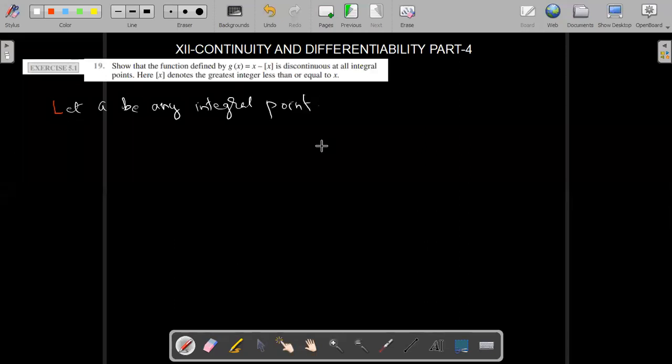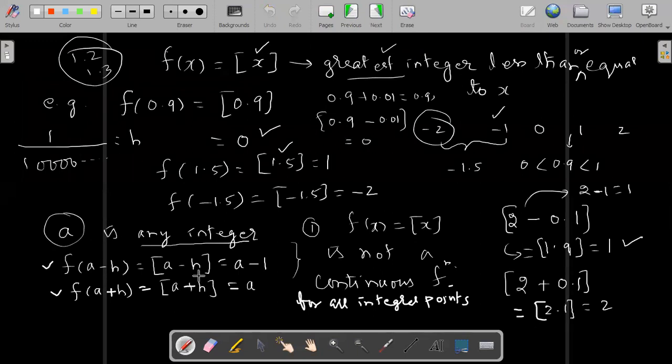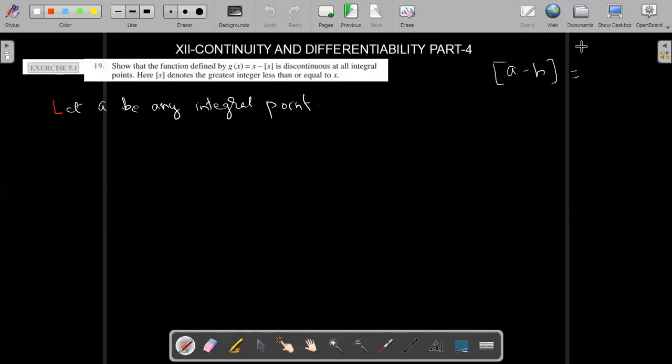At this point, we will check the left hand limit and right hand limit. And just as I told you, a minus h that we have seen in the previous part, a minus h is a minus 1, and a plus h will be equal to a.